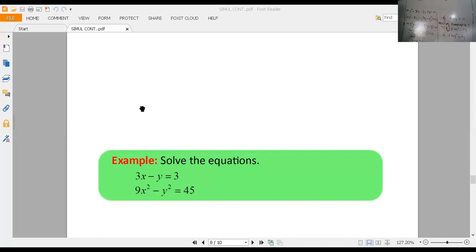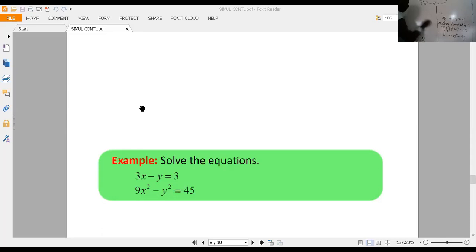Now, it is possible for me to rewrite this in this form, equals 45. I have to divide the board because of the space. If you remember the difference of two squares, that is what we have on the board.